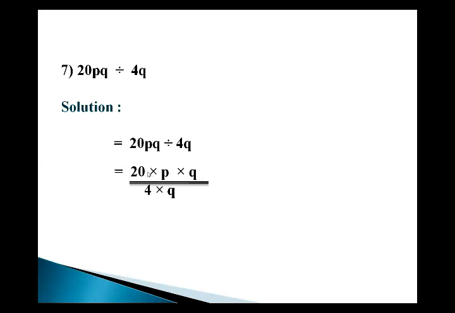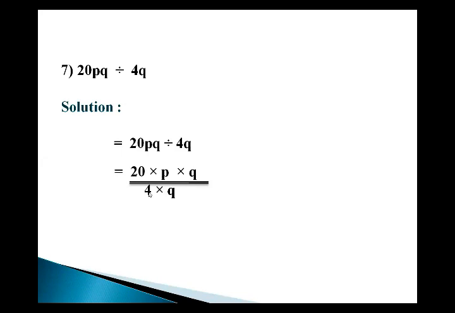You can write this number in this form also. So we just cancel out the terms which cancel each other. Here you see q is in both the numerator and denominator. We cancel out both the q, and you also see that 20 divided by 4 can be solved.